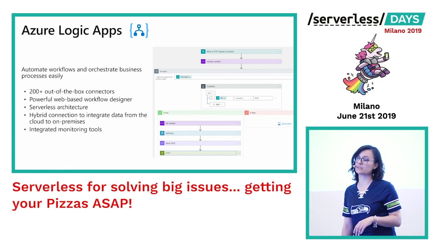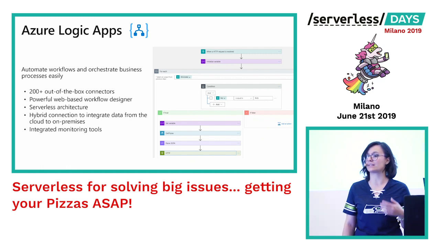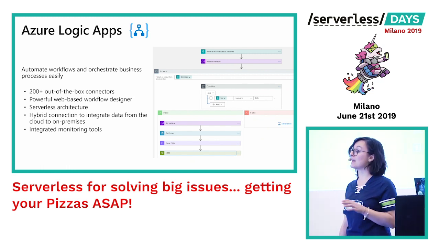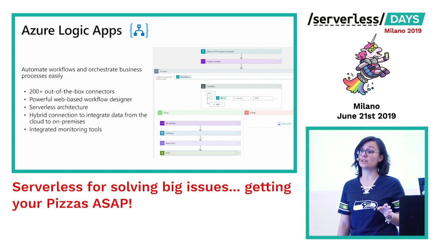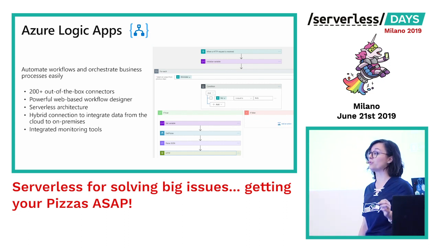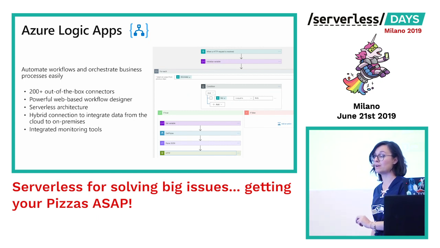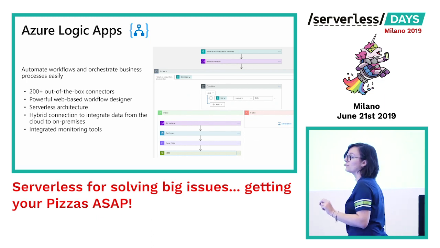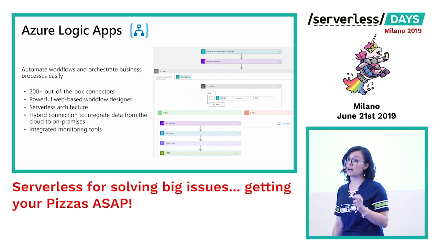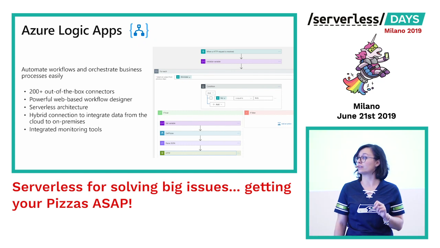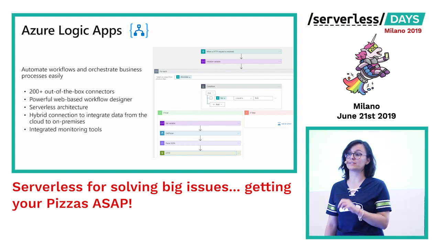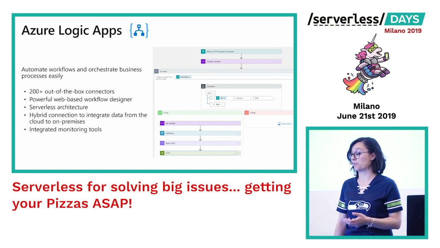With this service, you can also create, as I said before, some hybrid connections. So if you want to integrate data sources on cloud with data sources on-prem, you have the possibility to use a data gateway to reach the data sources that are in your data center on-prem.